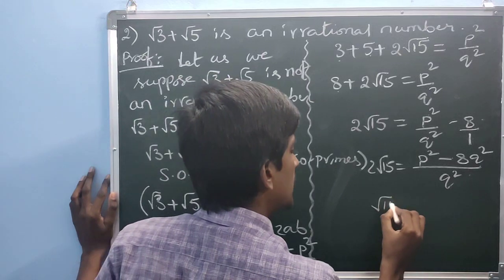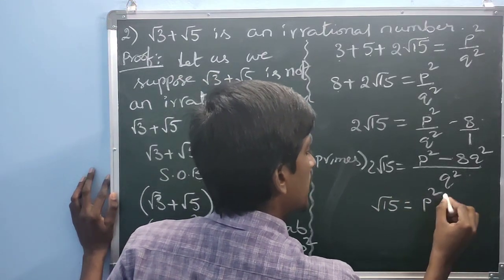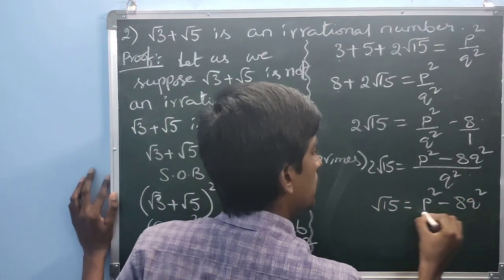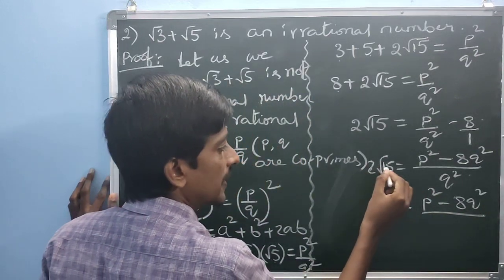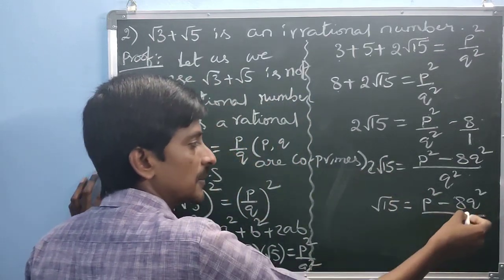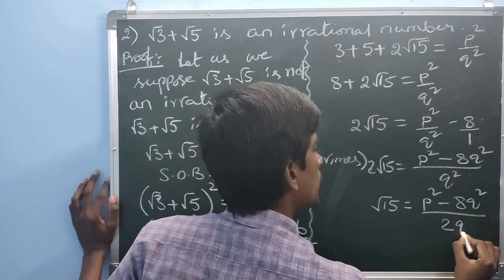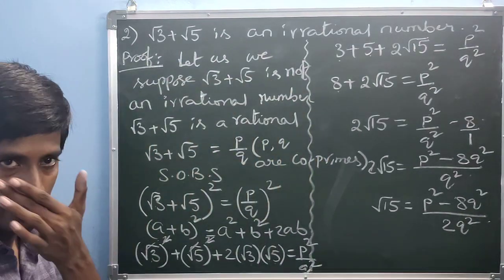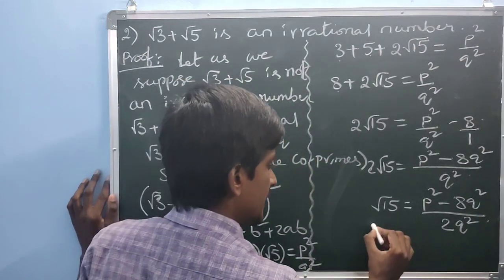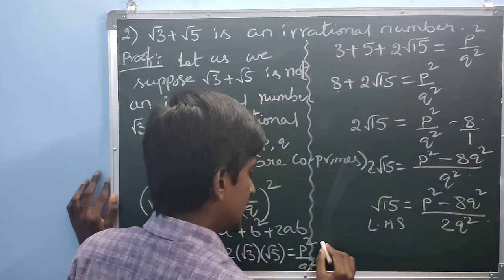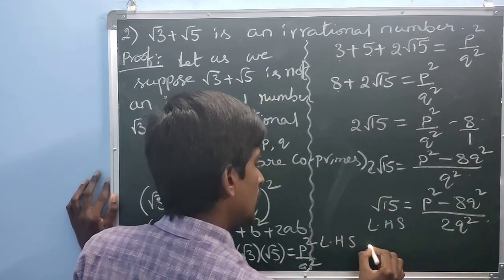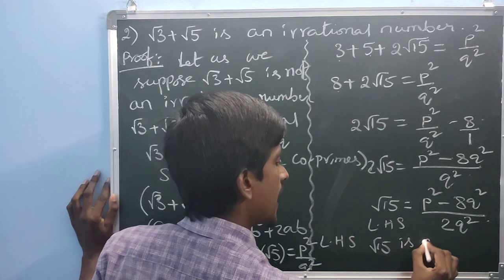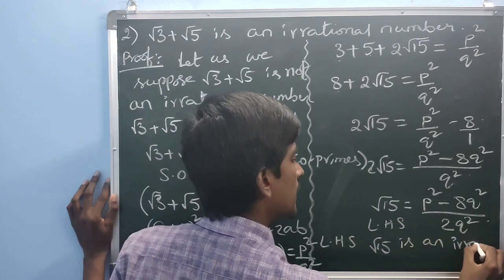Root 15 equals P square minus 8 Q square by 2 Q square, the 2 being moved to this side as division. Here the LHS, root 15, is an irrational number.